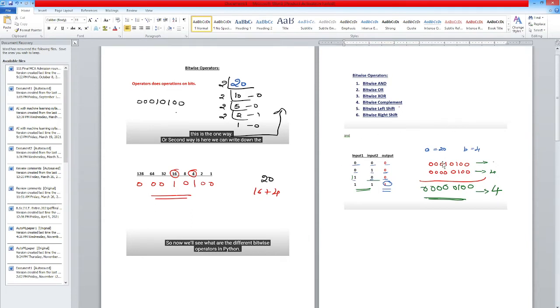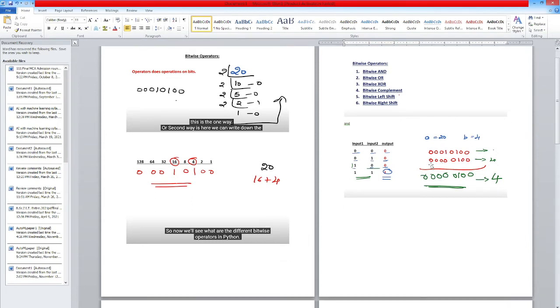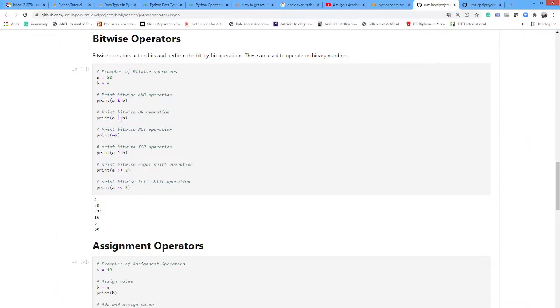Then bitwise AND. See, bitwise AND operator. Print bitwise AND operation, print a and b.